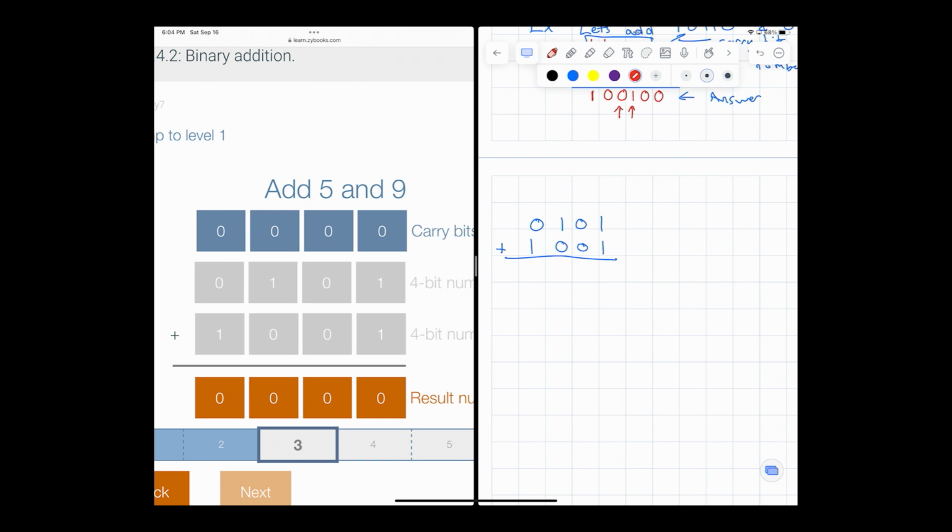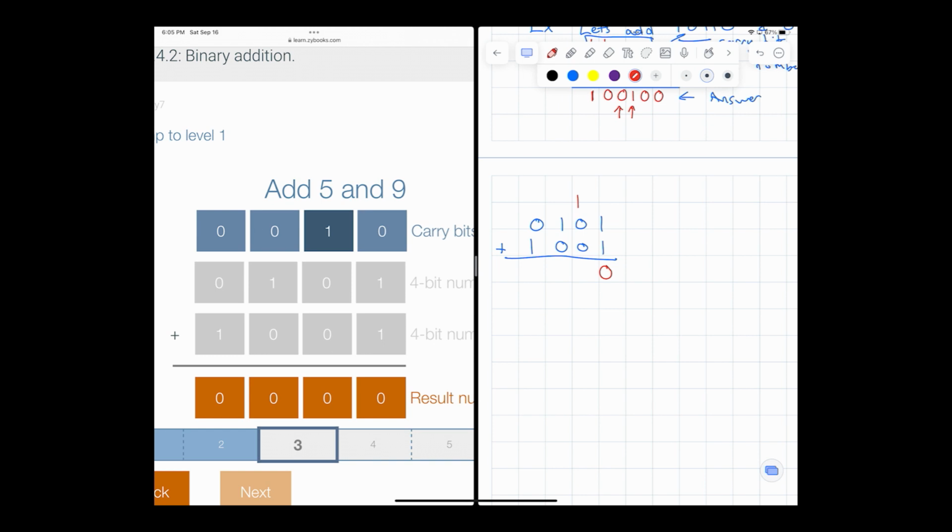When we add our first column, we've got 1 plus 1, which is going to be 2, but we put the 0 here, and we put the 1 up here. So over on the left, we have a 0 here, but this has to go to a 1. This is the first time we've had to add the carry bit ourselves.